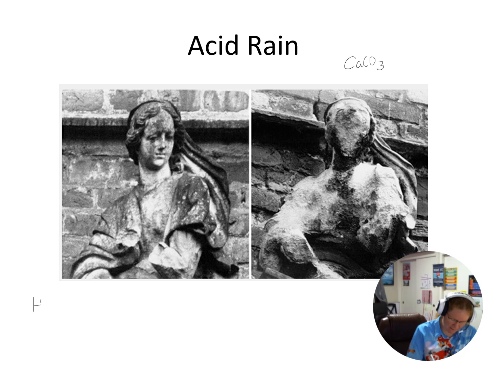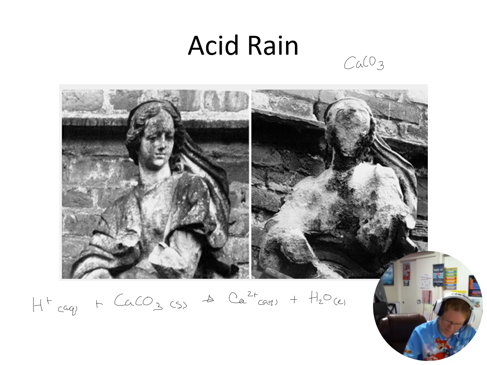If I have an H plus ion, like I would have if I had acidic rain, what ends up happening is I get some calcium ion, I get some water, and I get some carbon dioxide gas.